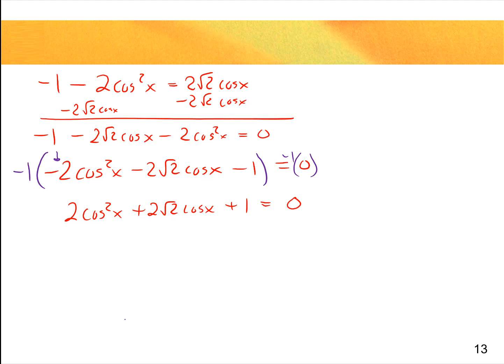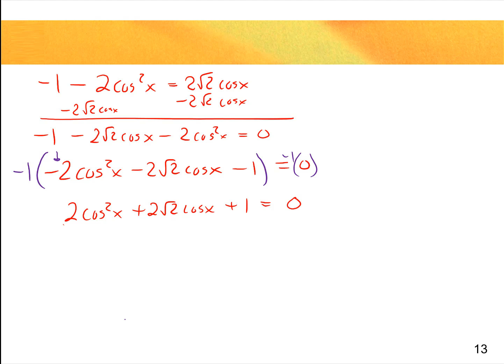In these cases, this is where we get to the fun stuff. Unless it factors easily, you can always use the quadratic formula if you like. In fact, let's use the quadratic formula here, because I'm not sure I really want to factor down a 2 root 2. That's not going to happen with factoring. So let's go for it.